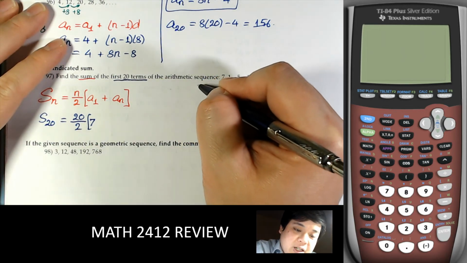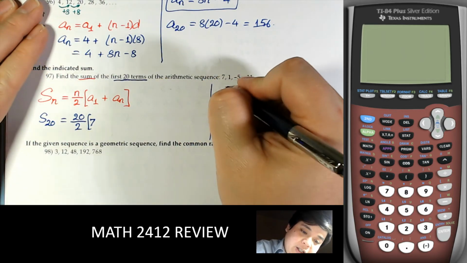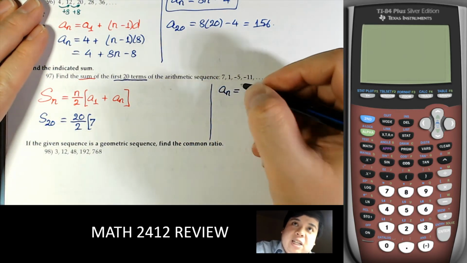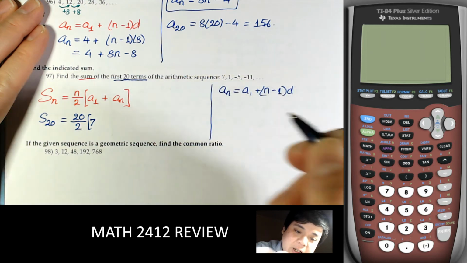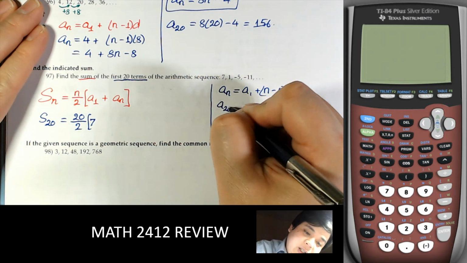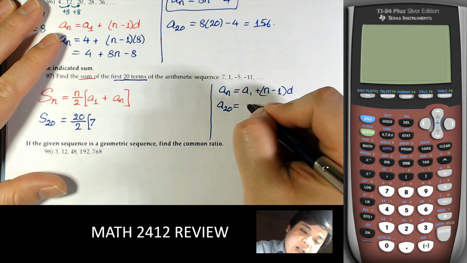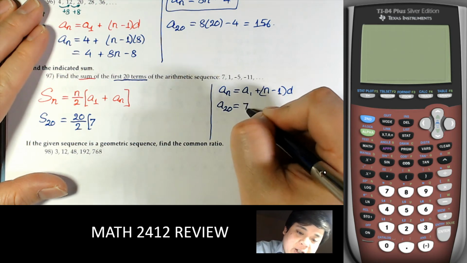To do that, it's very simple. We still have a sub n equal to a1 plus n minus 1 times d. For a20, the first term is 7.